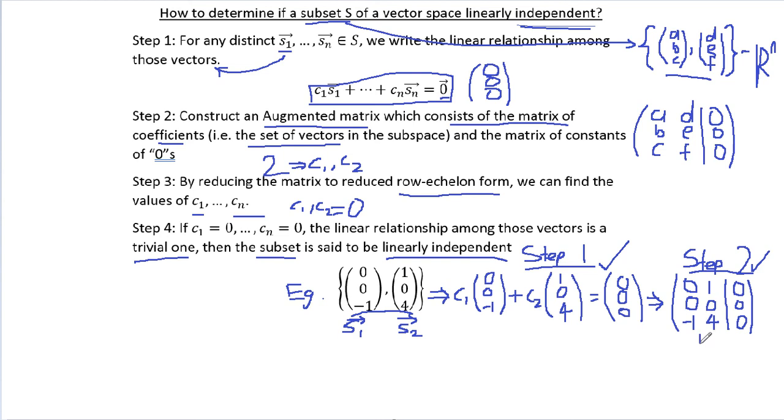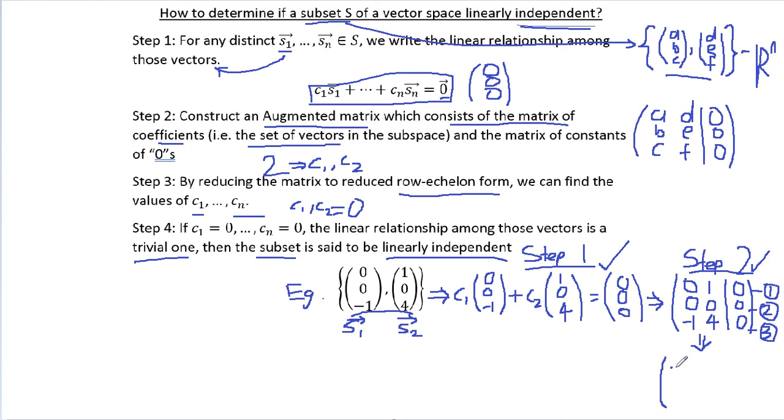Now from here, we can swap. This is row 1, row 2, row 3. We swap row 1 with row 3 first.